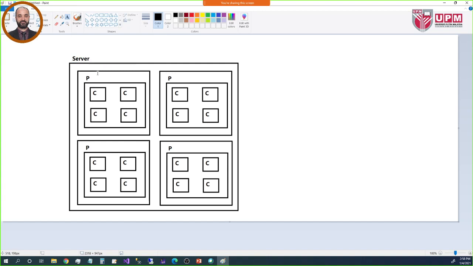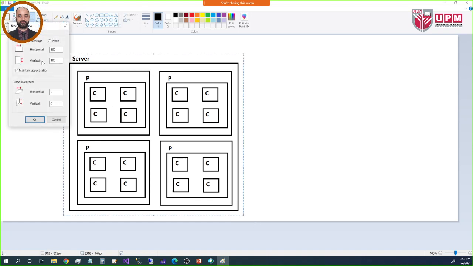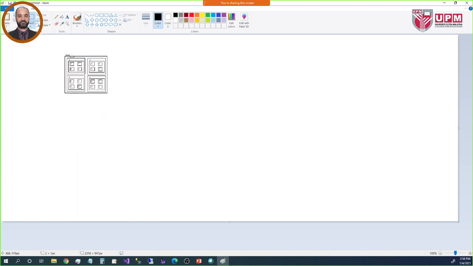This computer, or server, I will try to make it smaller, resize it to 25%. Okay, like that.